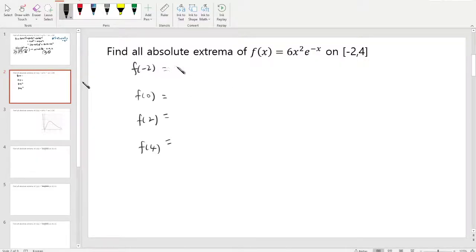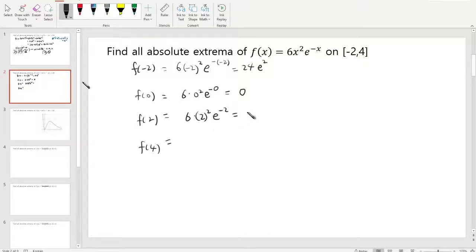When I plug in -2, this is what I get. 6 times -2 squared e to the negative of -2, which is 4 times 6. That's 24 e squared. And then f of 0, that's easy, 6 times 0 squared e to the -0th power. But 0 squared is 0. 0 times anything is 0. So that's 0. f of 2 is 6 times 2 squared e to the -2.